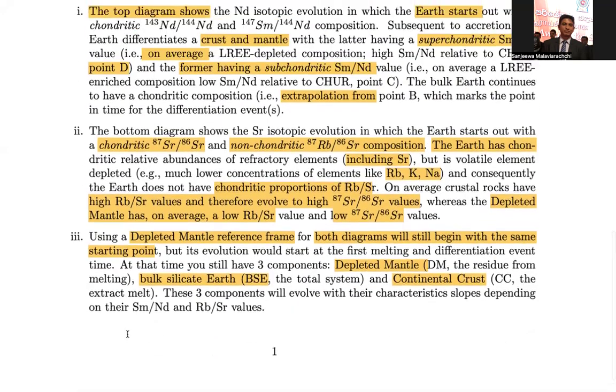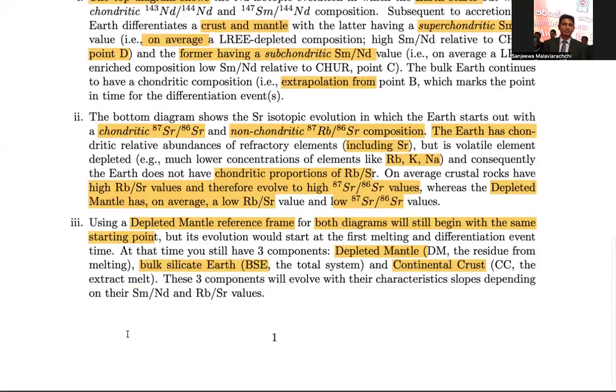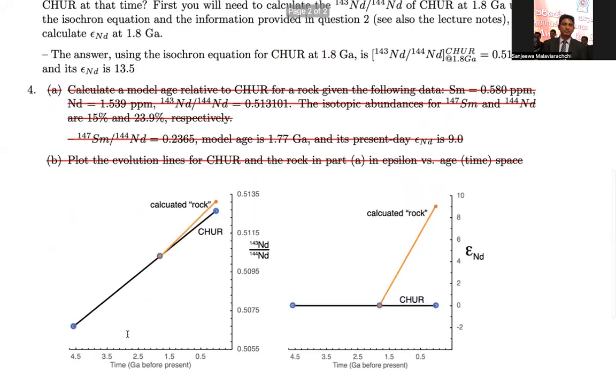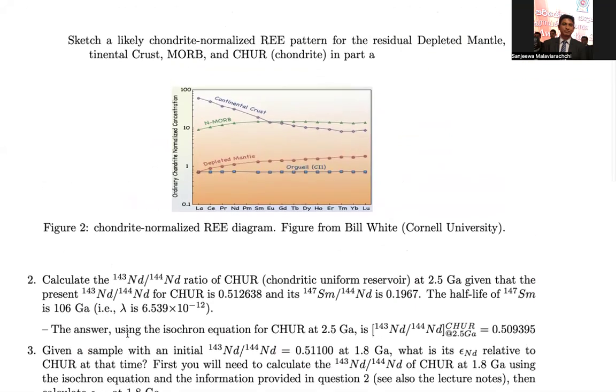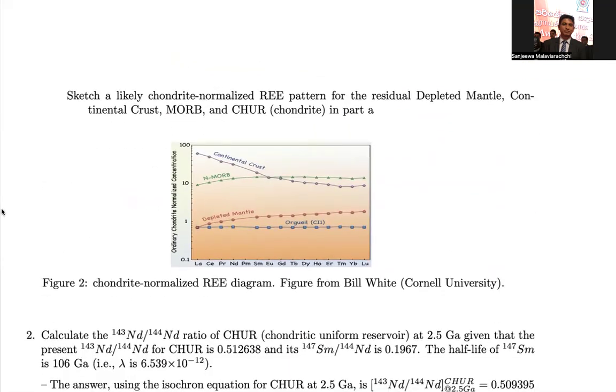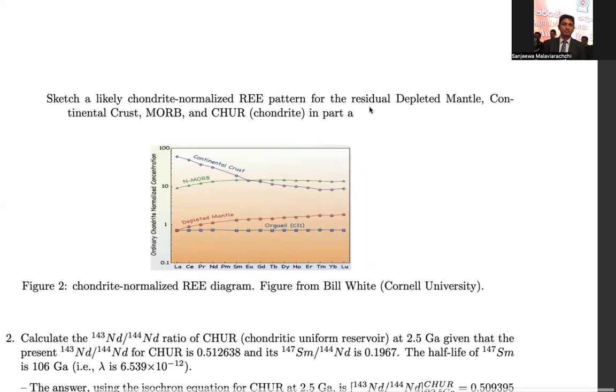Another section of this extension of the question is given like this. It says: sketch a likely chondrite normalized REE pattern for the residual depleted mantle, continental crust, MORB, and CHUR.